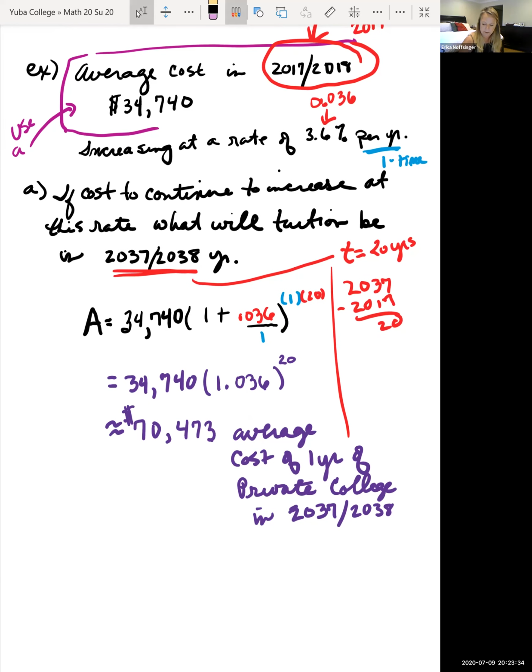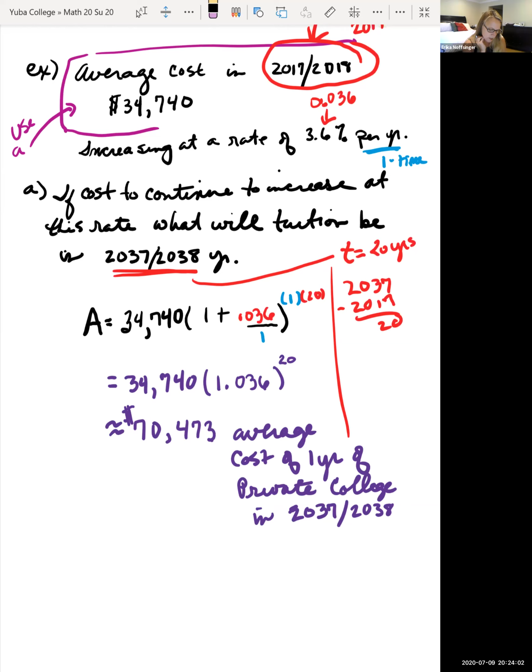Okay, so part B. We're a little bit too late, but maybe we'll be able to plan for our children, or in my case, my grandchildren, because I'm not going to have any more. Anyways, part B. A college savings plan, such as a 529 plan, allows individuals to put money aside now to help pay for college later.